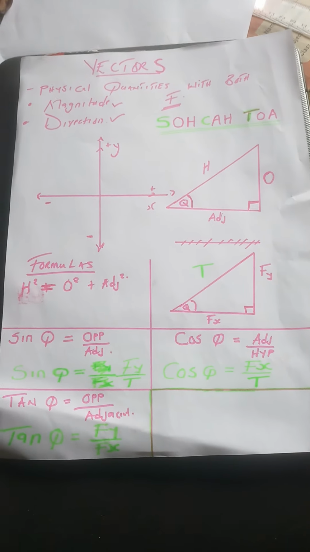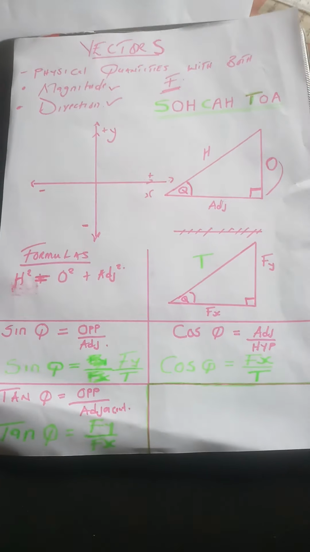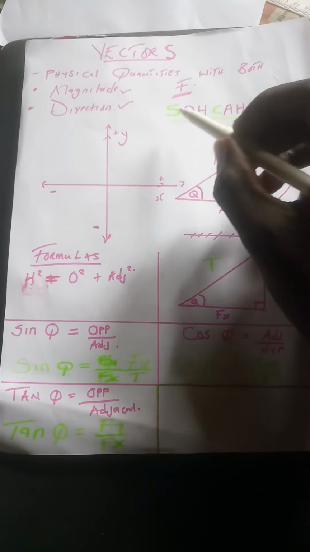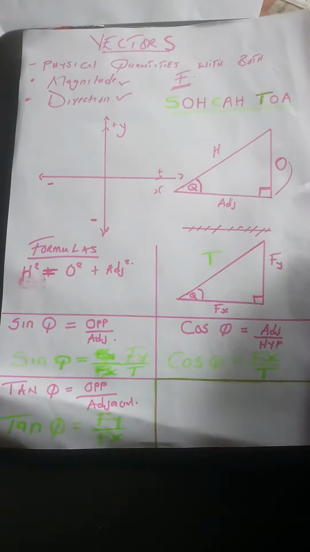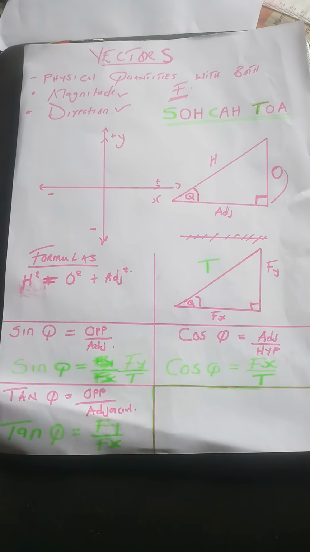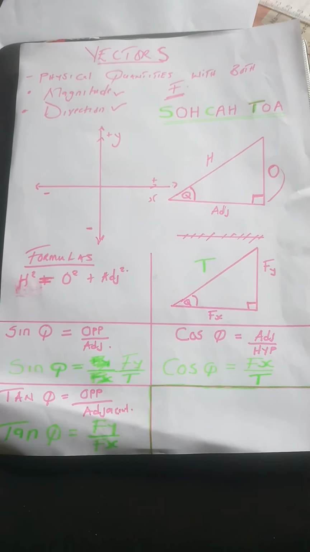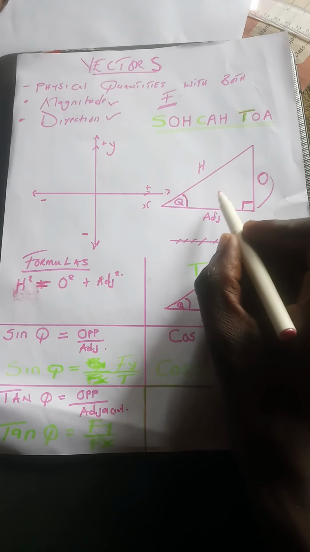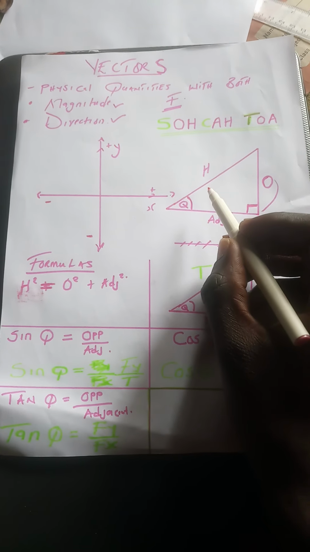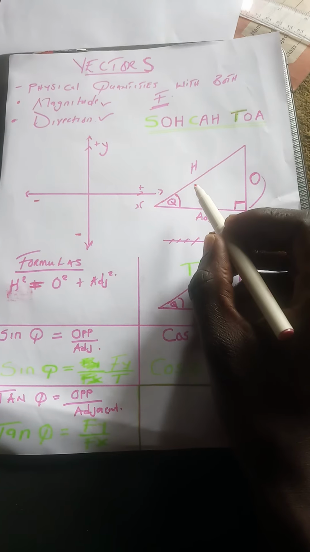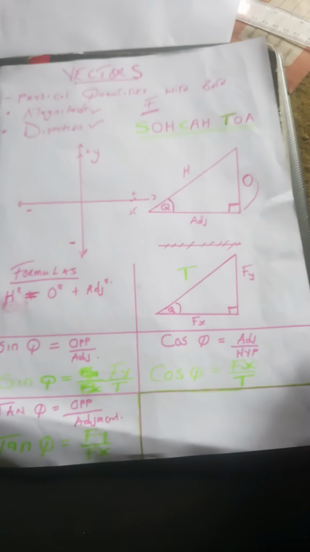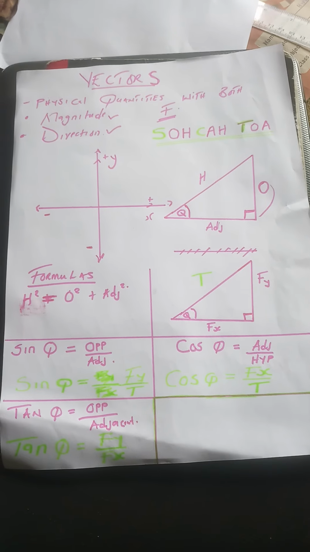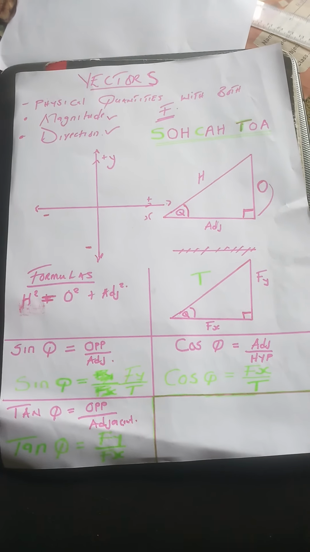Then again, we have to know the basics of a right angled triangle and the role of its formula in vectors. This is a right angled triangle, and it is composed of three sides, which when formed make a 90 degrees angle.